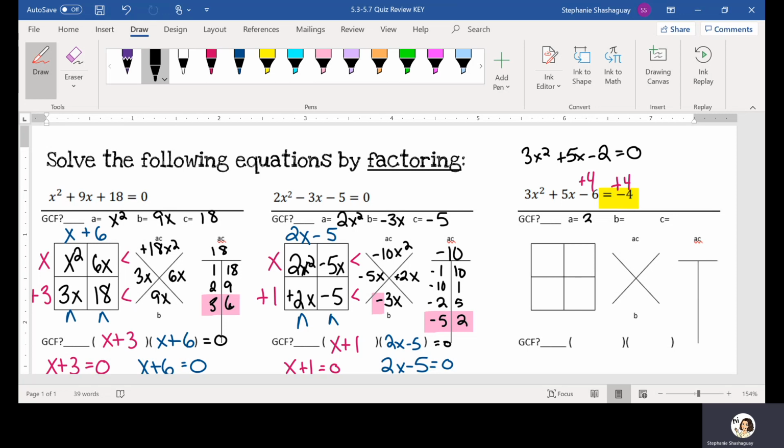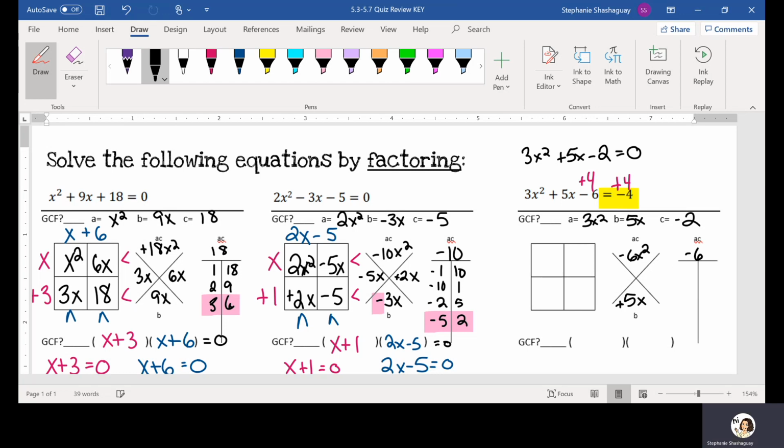So now my a term is 3x squared, my b term is a positive 5x, and my c term is a negative 2. My a times my c will be a negative 6x squared, and my b term is a positive 5x.